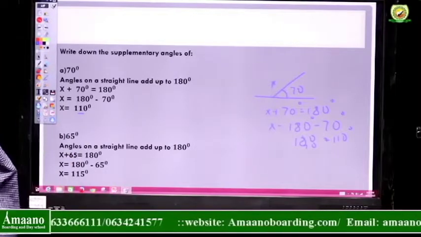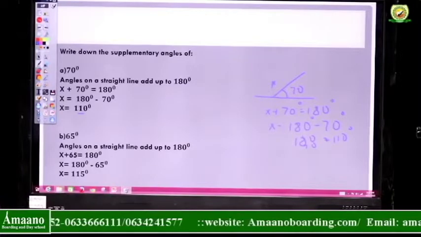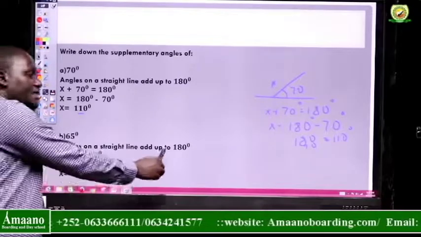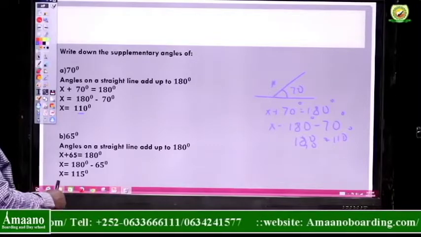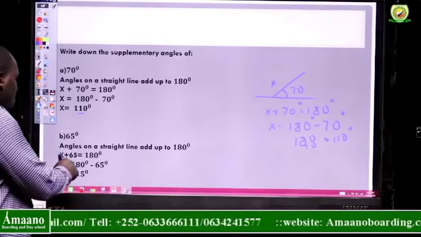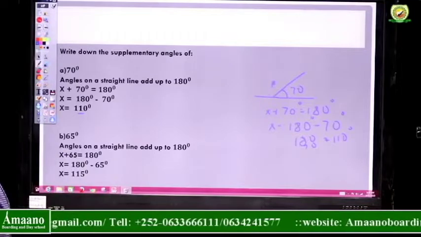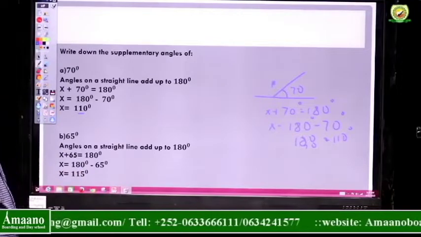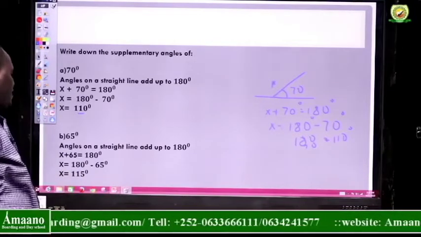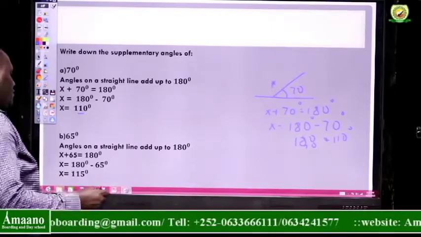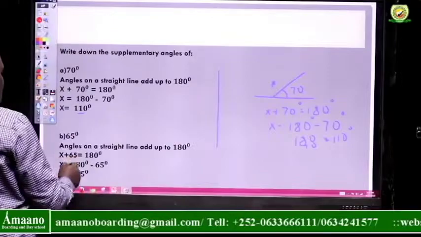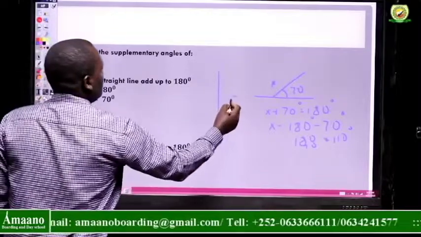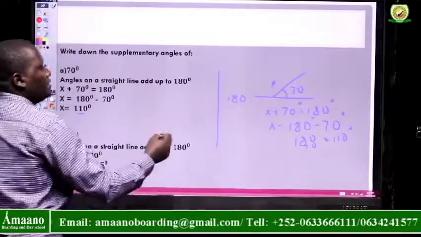We go to B, 65 degrees. Angles on a straight line, they add up to 180. Then we are given x plus 65 equals to 180. How will I find the value for x? For me to find the value of x, I'll take 180, I take away 65.